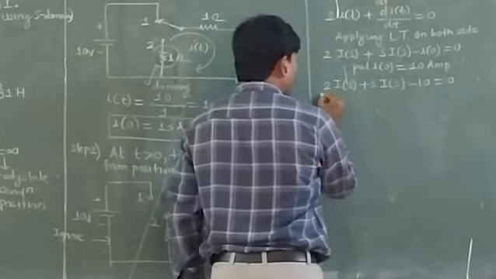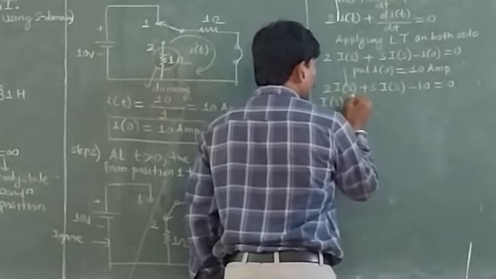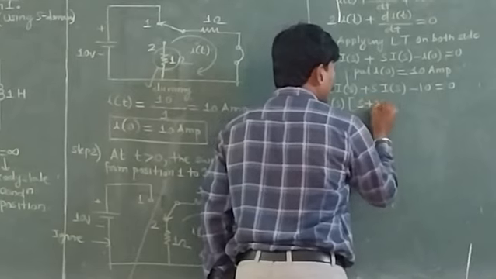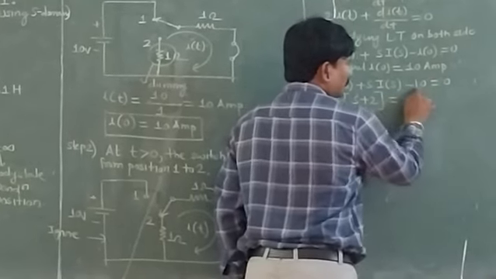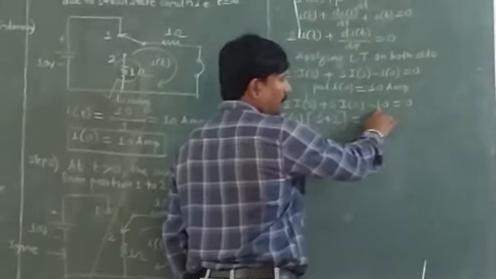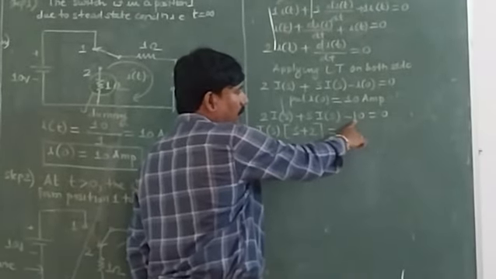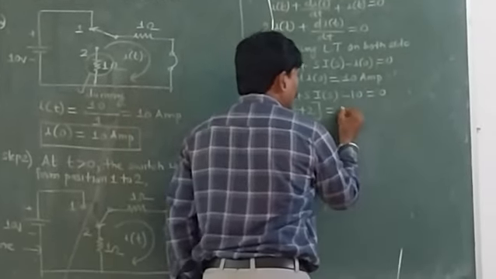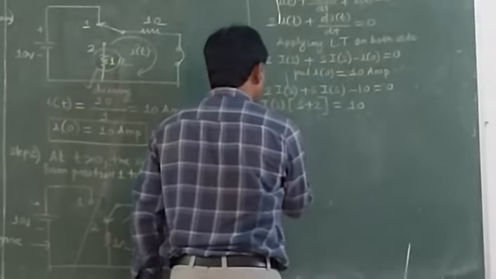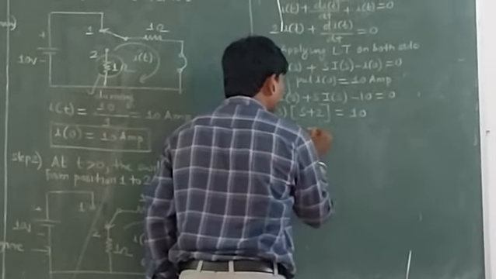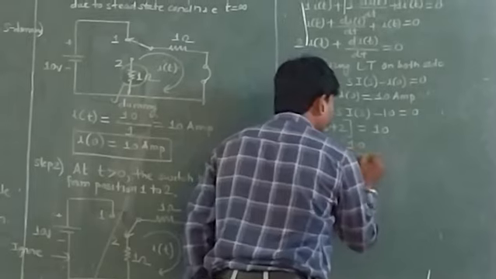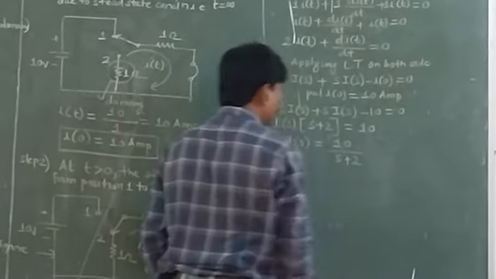Now taking I of s common, it will be s plus 2. Now this 10 is a constant, so we shift it to the other side of the equal sign, it equals 10. Therefore I of s equals 10 upon s plus 2.